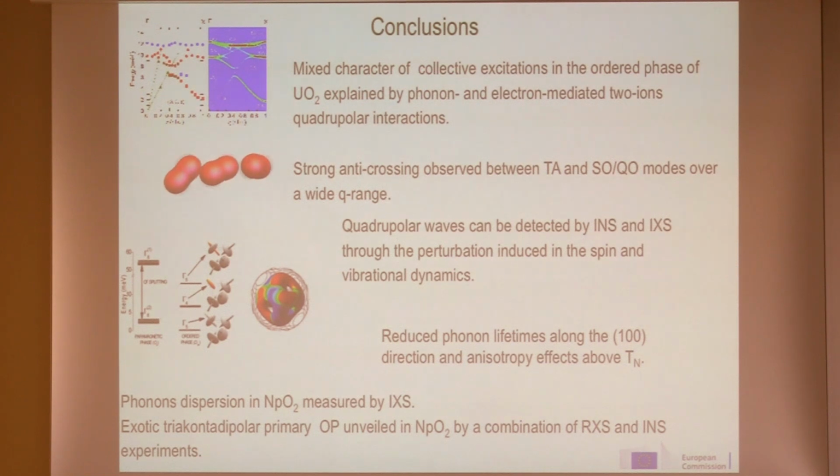in neptunium dioxide, we have, if you want, an exotic order parameter, but also the demonstration that maybe when you have experimental results that you cannot explain, and you start inventing a sophisticated model with hypotheses and so on, maybe there is a simple explanation that still can be described in terms of well-behaved physics.